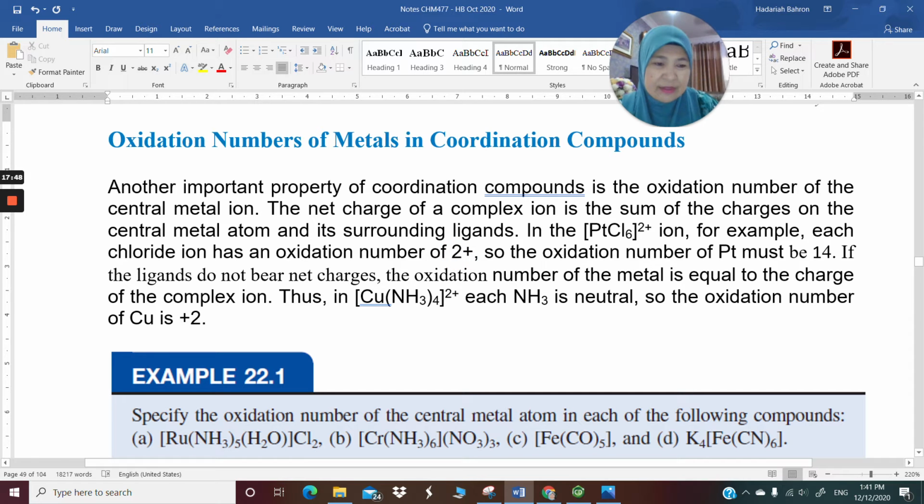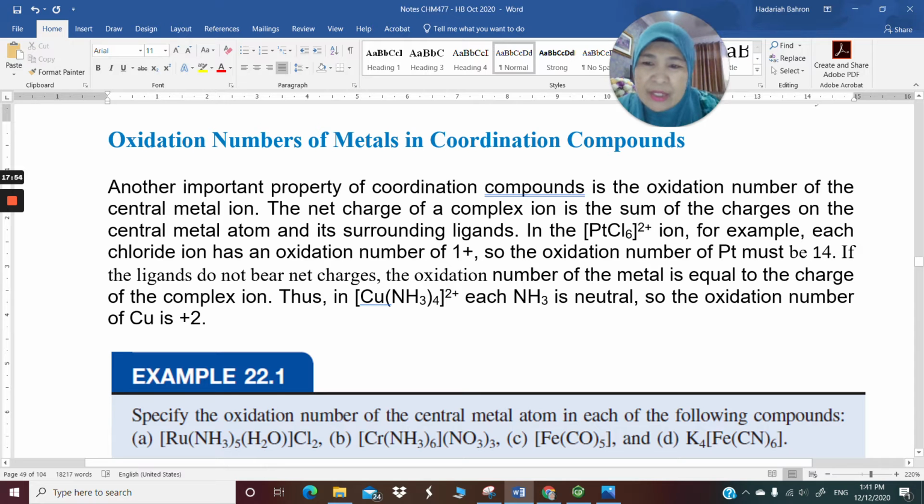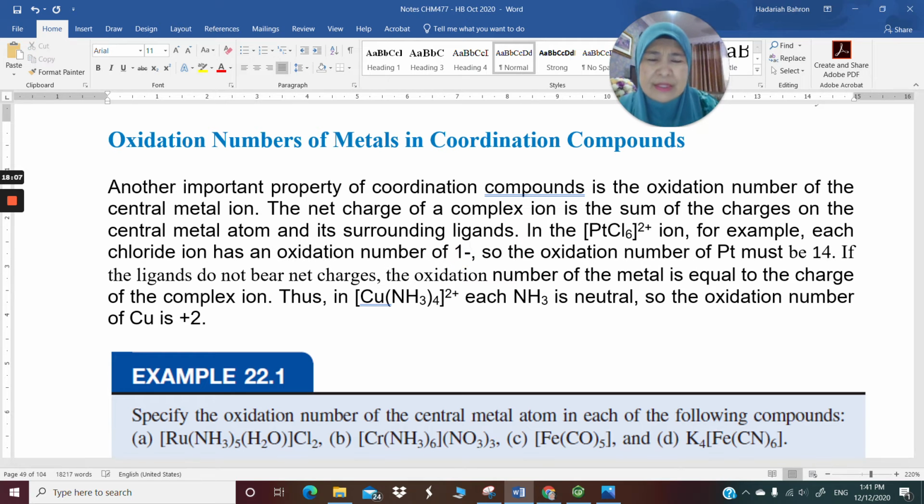This cannot be. I am wrong. Each chloride ion has an oxidation number of, oh, this is wrong. This is totally wrong. 1 minus. Please correct your notes, okay? I don't know how these mistakes came about.